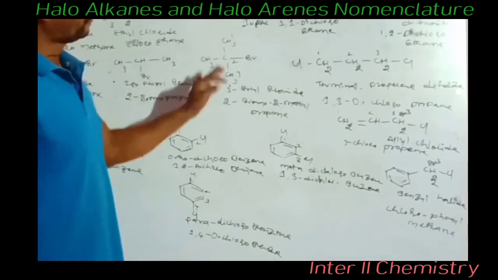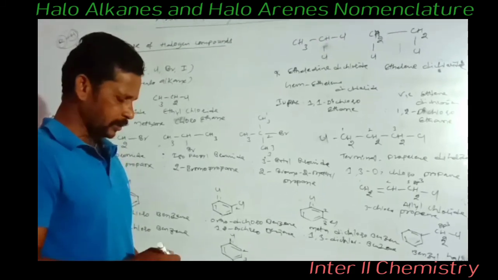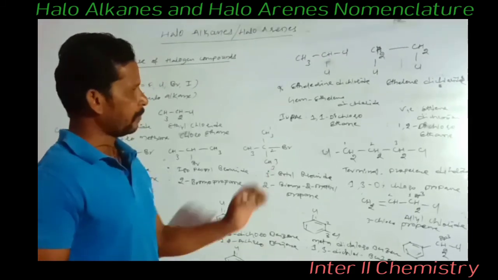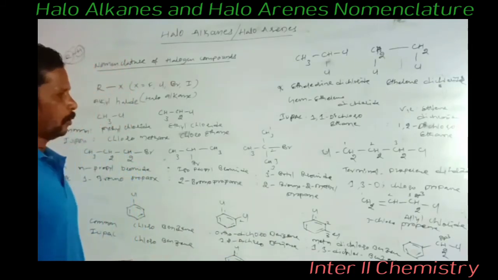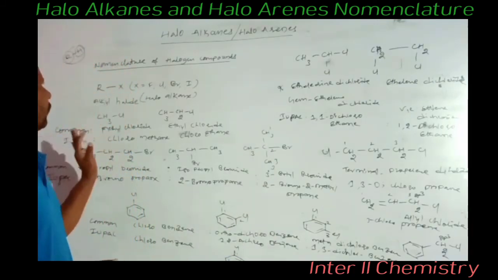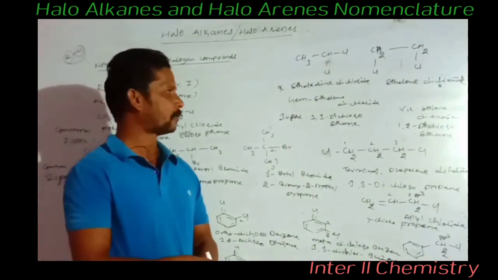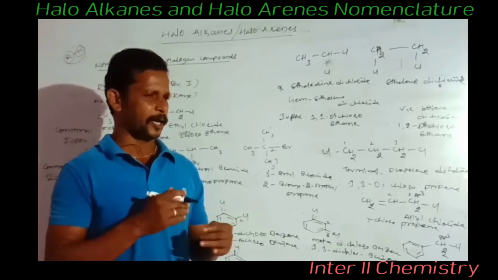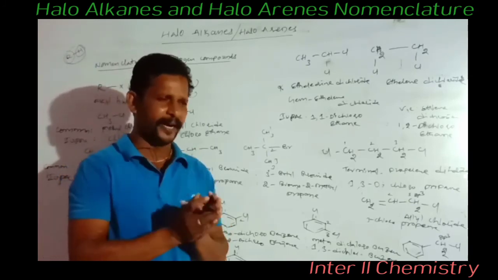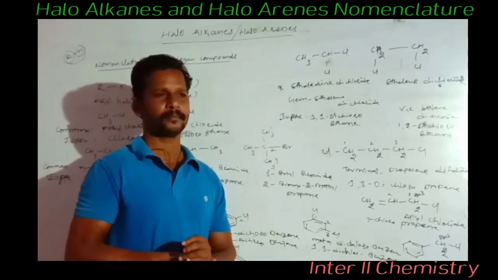So like this, you people have to give the nomenclature of haloalkenes and haloarenes. The common method and also the IUPAC method you people have to remember. Right, okay. So this is the nomenclature of halogen compounds. While giving the nomenclature to organic compounds, you people have to first read the rules of IUPAC nomenclature.